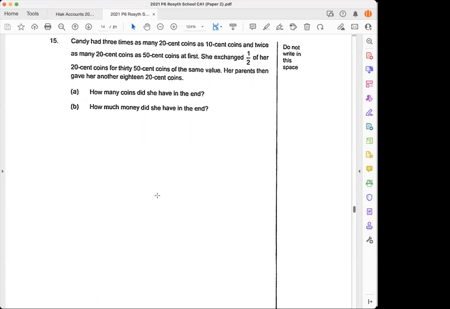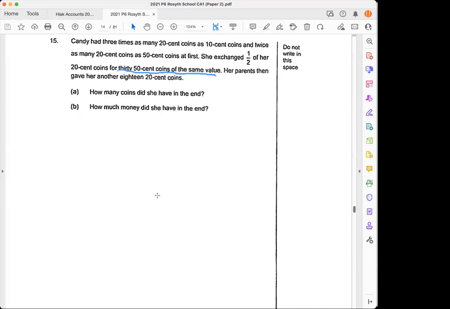So Candy had 3 times as many 20-cent coins as 10-cent coins, and twice as many 20-cent coins as 50-cent coins at first. She exchanged half of her 20-cent coins for 30 50-cent coins of the same value. Okay, this is key, huh? 30 50-cent coins of the same value. Her parents then gave her another 20-cent coins. How many coins did she have in the end?